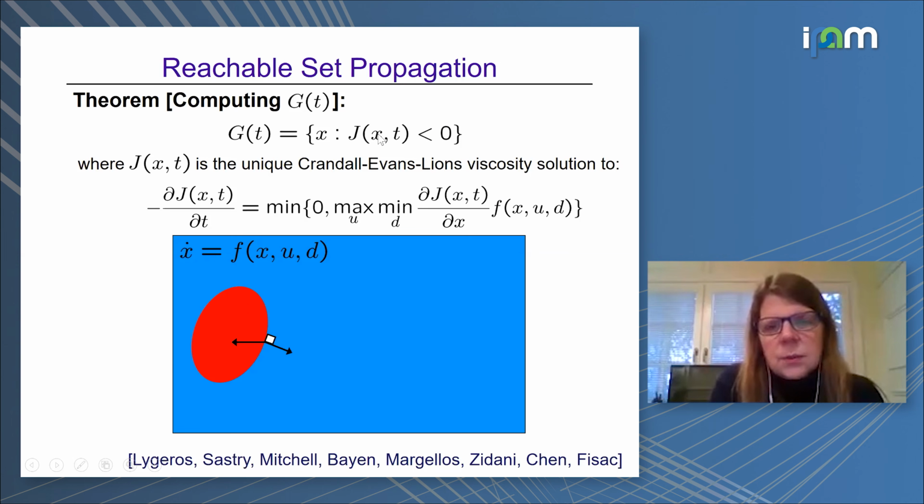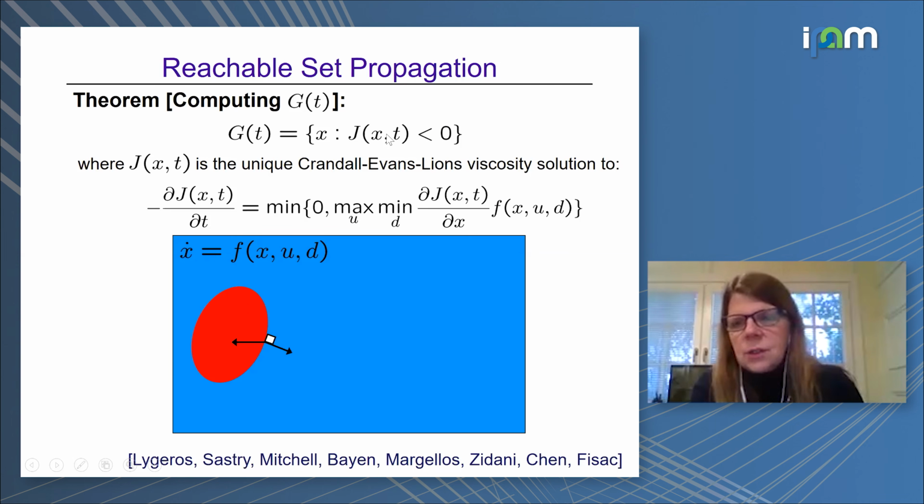In this case, we're looking at the unsafe regions as being regions where j is less than 0. So we could think of this as a value. So as j gets higher, the situation becomes more and more safe.